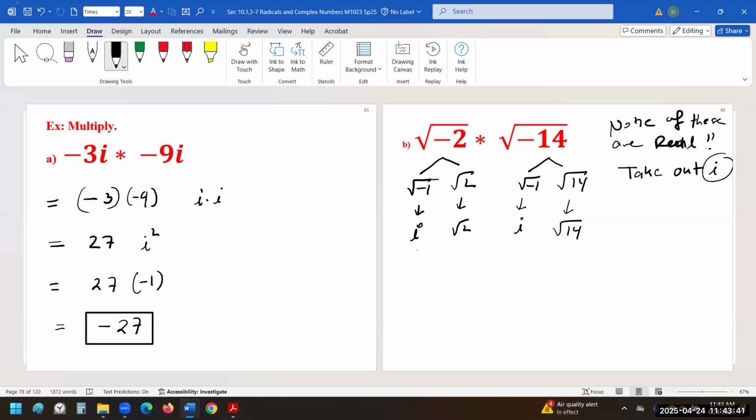So we multiply i with the i. And we multiply real numbers with the real number. 2 times 14. When you have real numbers, only then you can multiply them inside the radical. But you cannot do that when you don't have the real number to begin with.